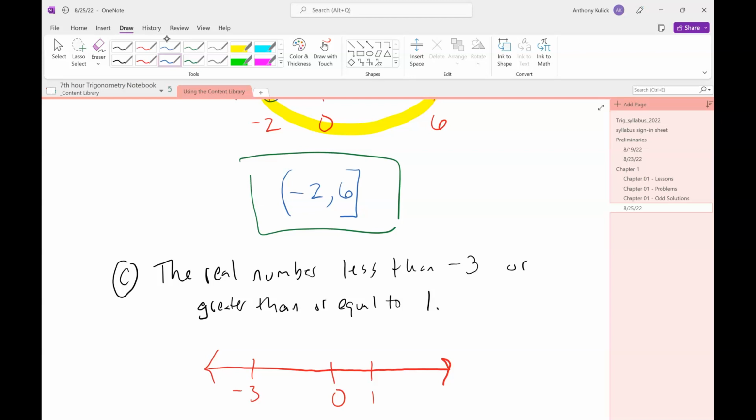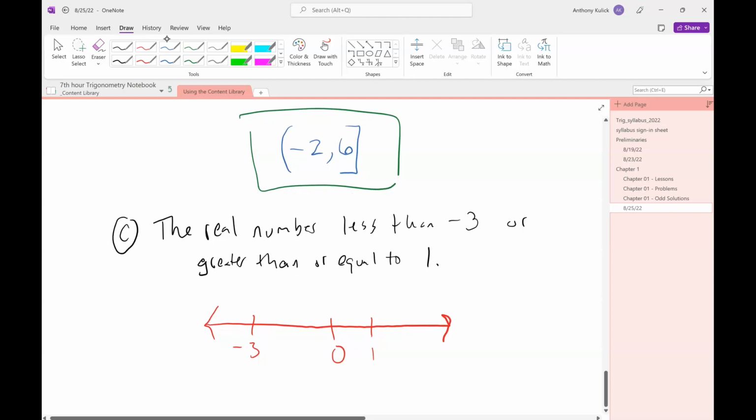So it says the real number is less than -3. So what am I going to draw for that part? At -3, I'm going to put an open circle, and I'm going to draw my arrow going left or right?